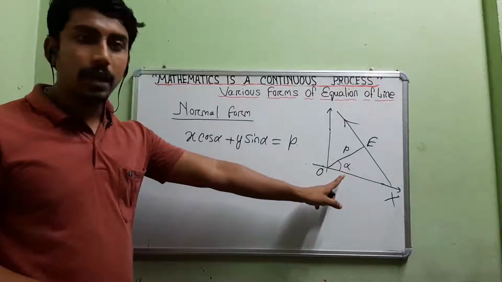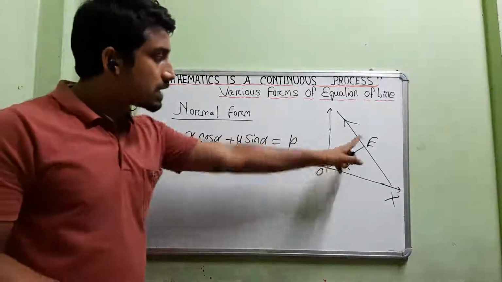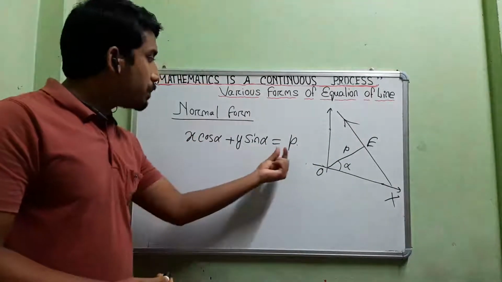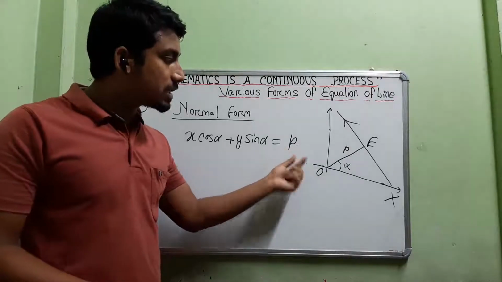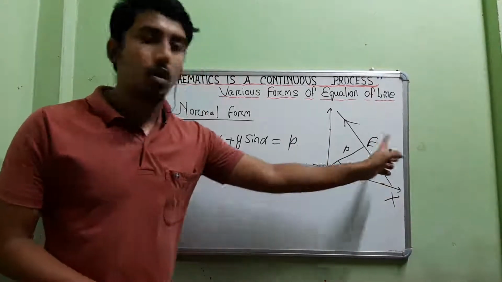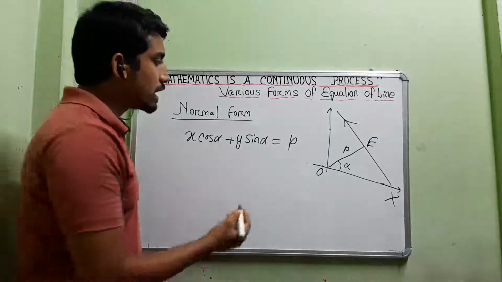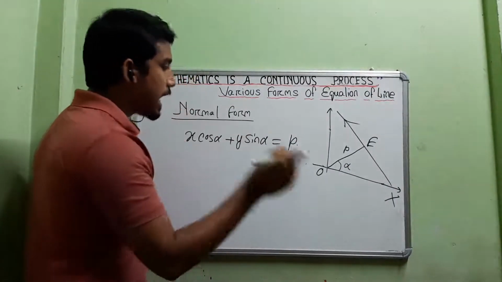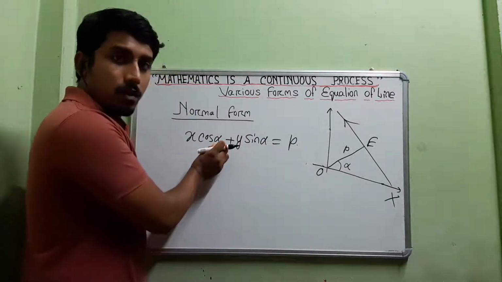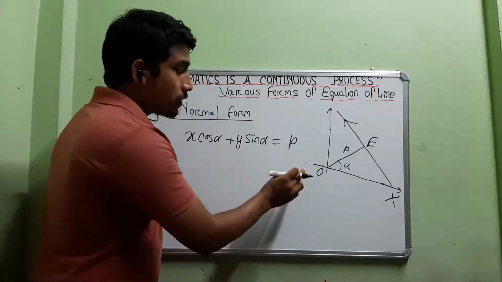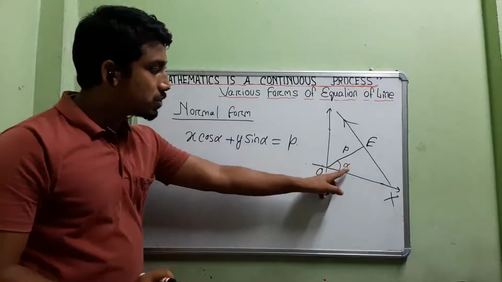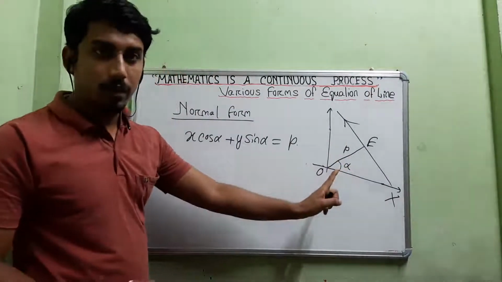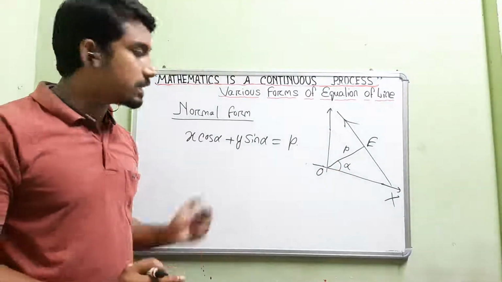Alpha is the angle that the distance line makes with the x-axis, and p is the perpendicular distance, or we can say p is the distance of the line from the origin. So if you are given the distance from the origin and the angle that the distance line makes with the x-axis, then we can easily get the equation of the straight line.